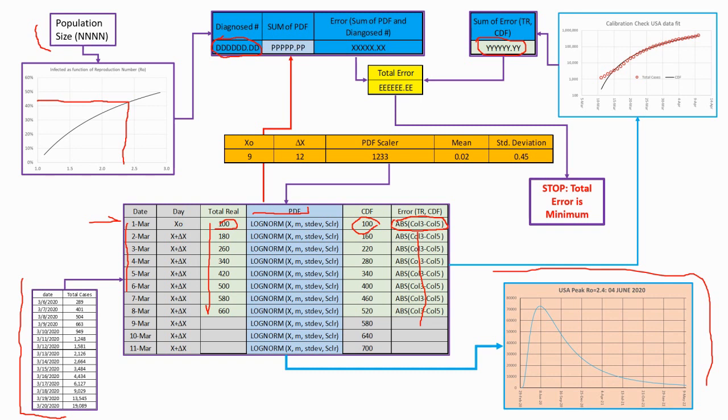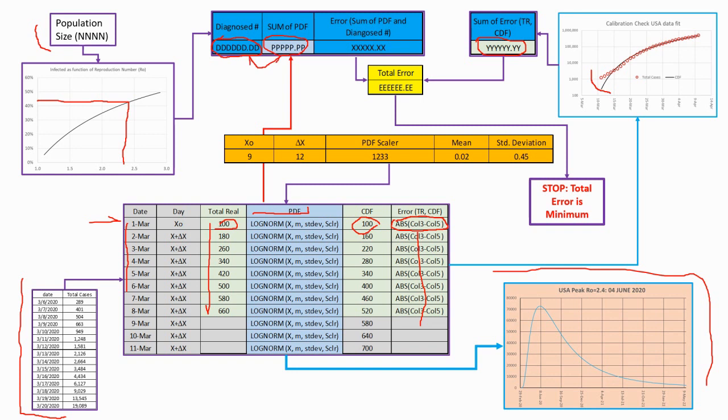So there's 2 errors being minimized simultaneously. First, the CDF to total data over here, and then the sum of the PDFs has to match, these two have to match.